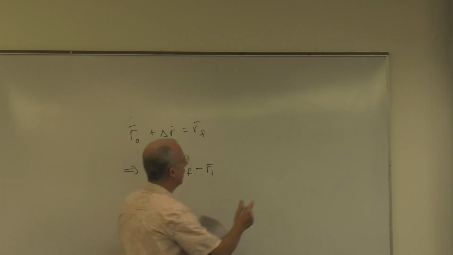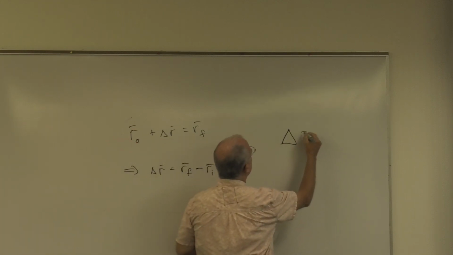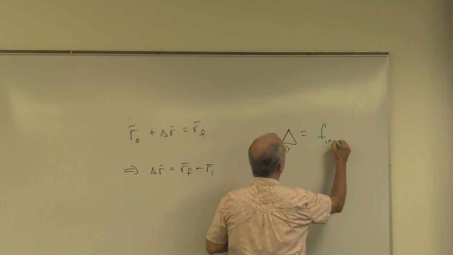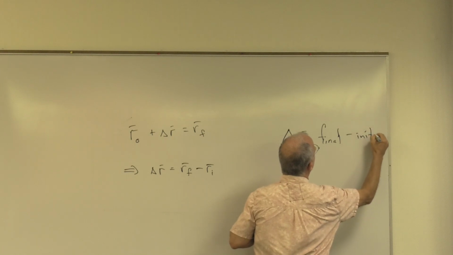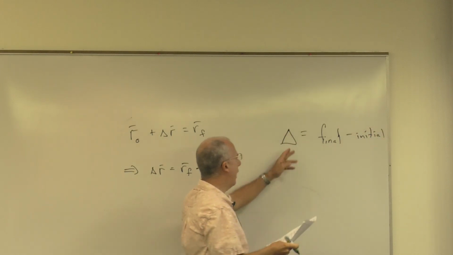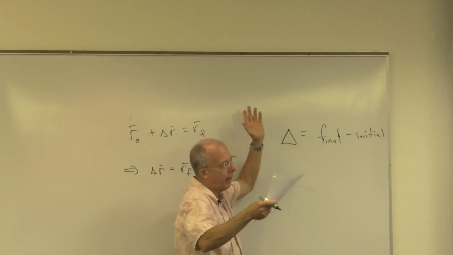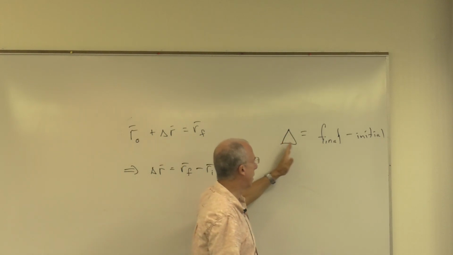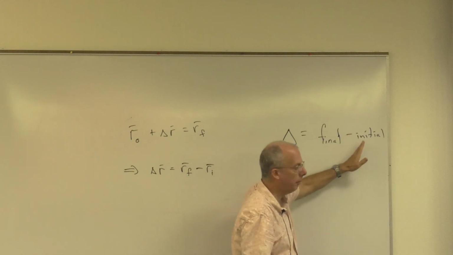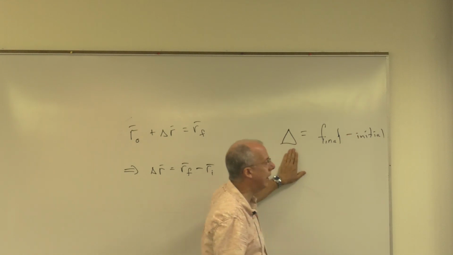So this delta thing is always going to be final whatever minus initial. It could be the change in velocity, the change in acceleration, the change in who knows what, change in electric charge. It's always going to be something final minus something initial. That's how it's defined.